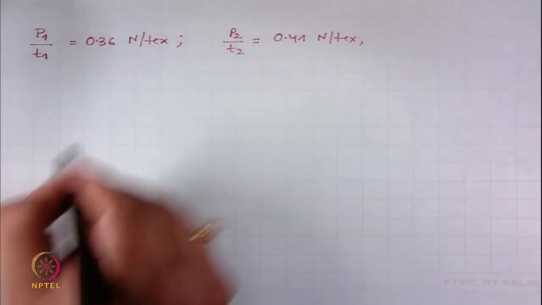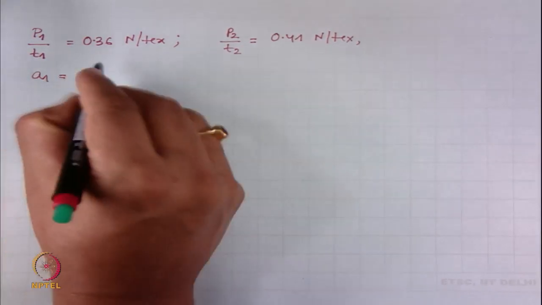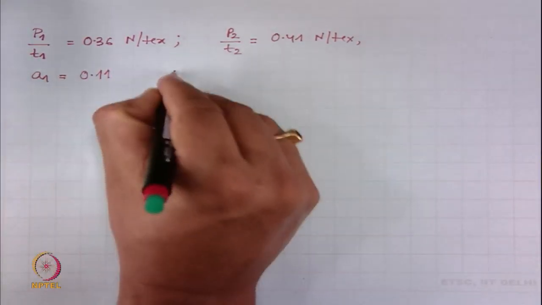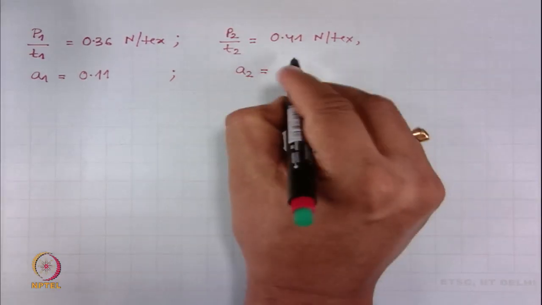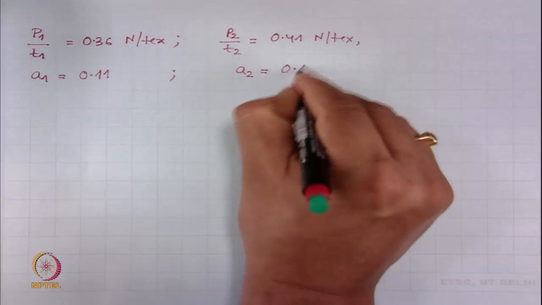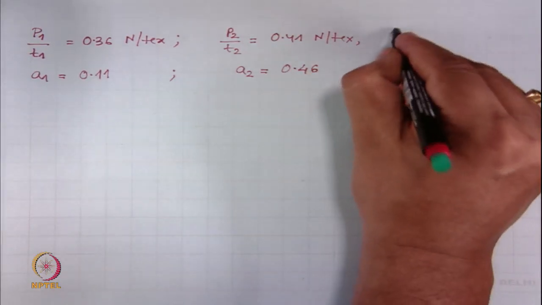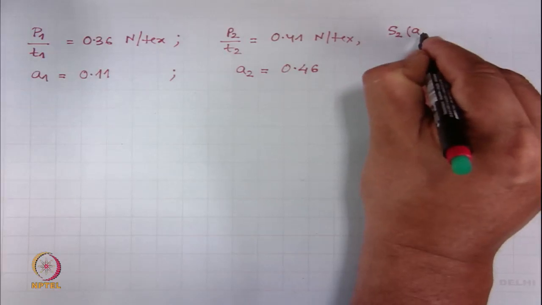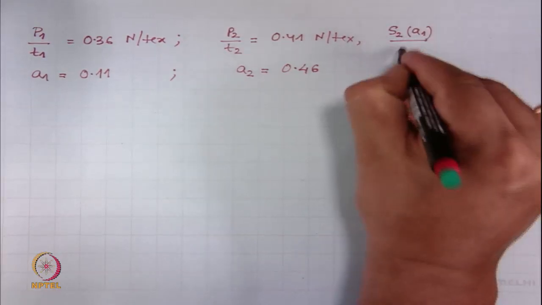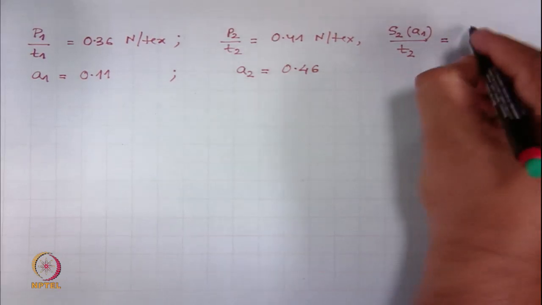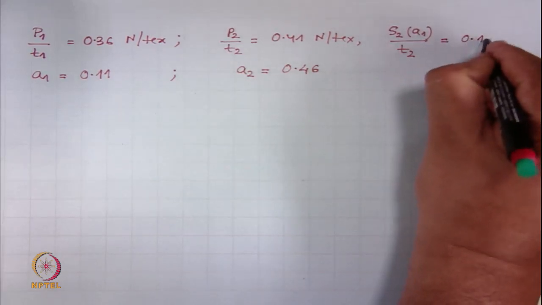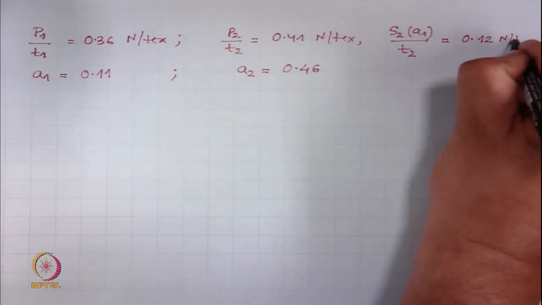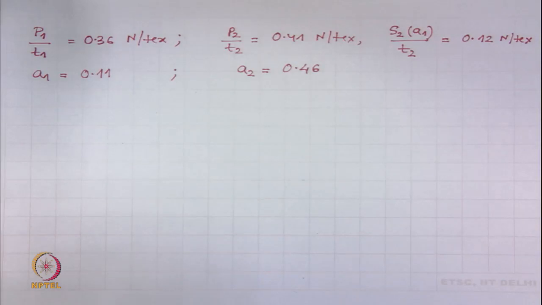A1 is equal to 11%, A2 is equal to 46%, and one more important value is given, that is equal to 0.12 Newton per tex. So, these items of information are given to us. We have to calculate bundle tenacity at different blend ratios.